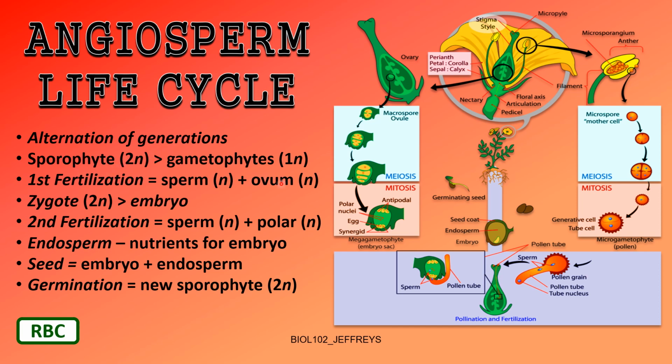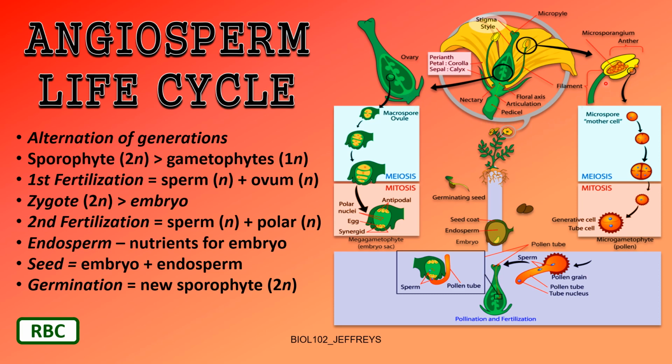So the sporophyte here, that's a plant with your flower, is 2N, of course, and it generates the gametophytes, the pistils, and the stamen. Both male and female gametophytes generated off of the same sporophyte.